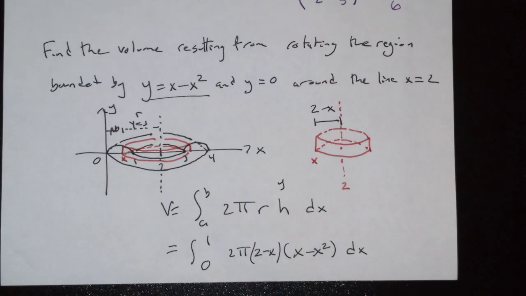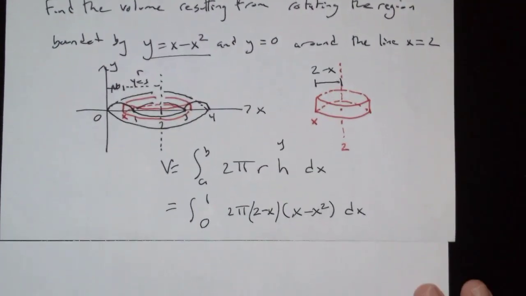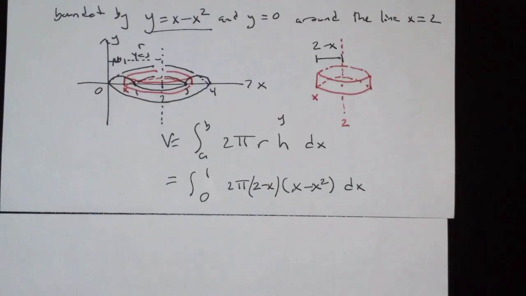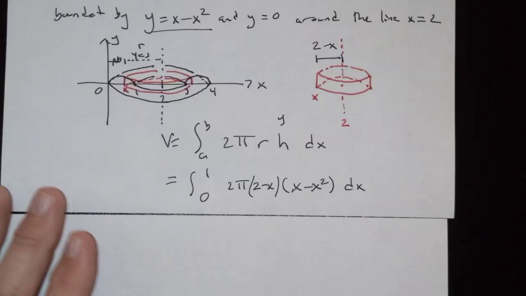But now I know how to integrate this. I just have to multiply it out. The fact that I wasn't going around the y-axis meant that my radius changed. And that is important because it allows me to say, I don't care where I'm rotating around, as long as I have a line that I can rotate around, I can figure out what the right radius is.